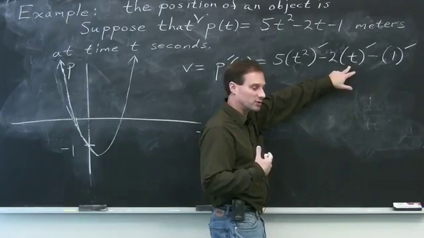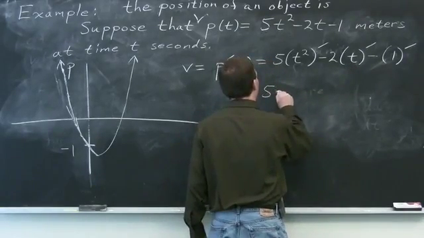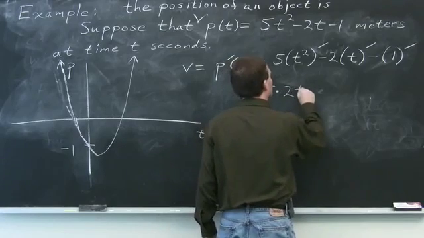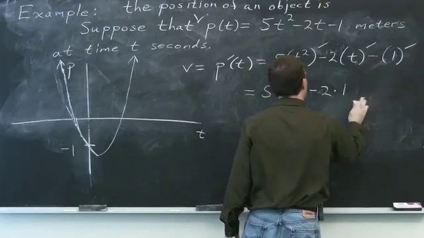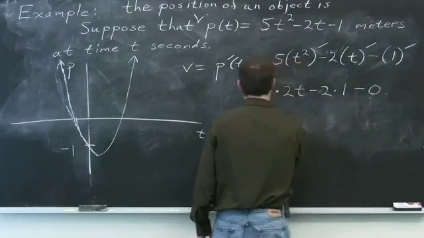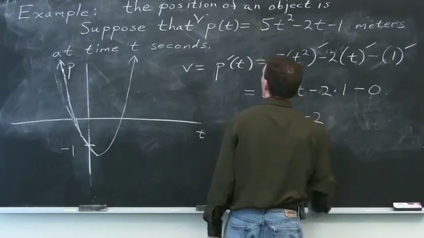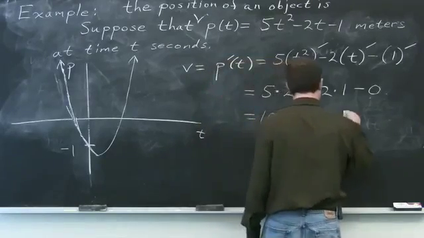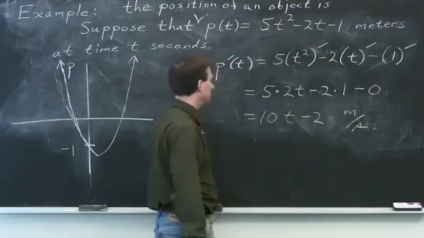Same thing if it's the function f of t equals t. It doesn't matter. So the derivative here, 5 times 2t minus 2 times the derivative of t is just 1. The derivative of a constant, 0. So we get 10t minus 2. The units are important, meters per second. Great. That's p prime of t.